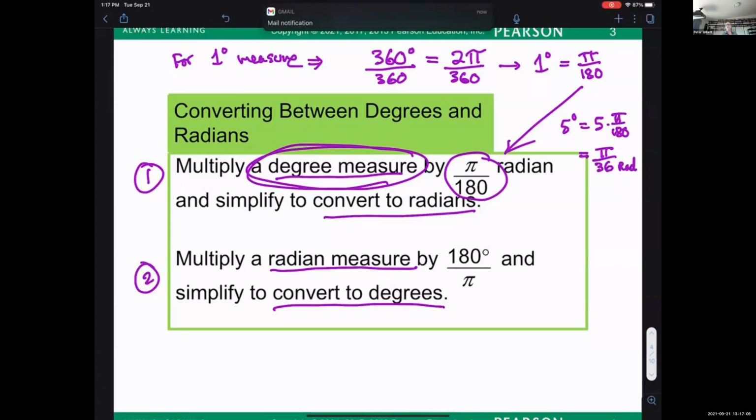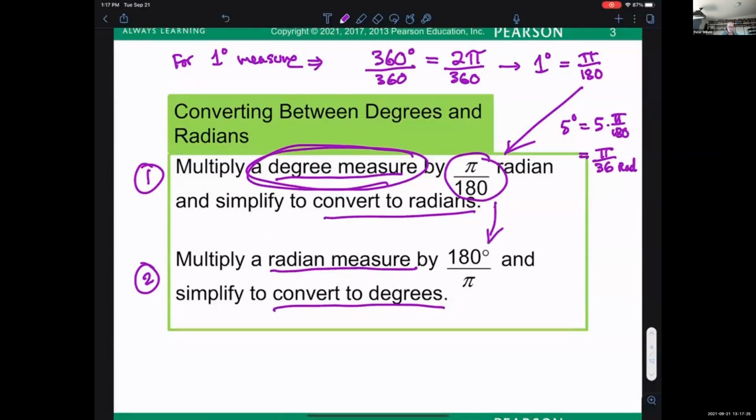So this gives you a little formula, but it's good to understand and think about how this relates 1 time around the circumference of a unit circle with 1 time in rotation of 360 degrees. And if I wanted to go back the other way, I would multiply by the reciprocal. You just flip this fraction upside down, because if I started with 360 degrees equal to 2 pi radians, well, if I wanted to know how much is 1 radian so that I can have something to multiply by radians, then I would divide both sides by 2 pi.